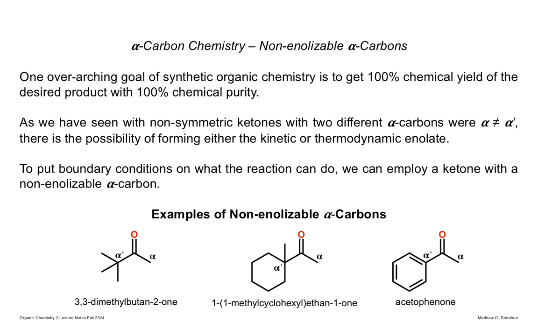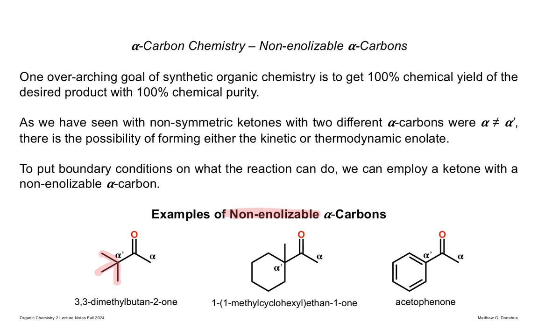So another way of controlling where the action happens, and this is more substrate-based or starting material, is looking at systems where you're completely blocking one side of the carbonyl. And these are the non-enolizable. So in the first example, you've blocked that alpha prime with methyl groups. So nothing can happen there because there are no CHs.